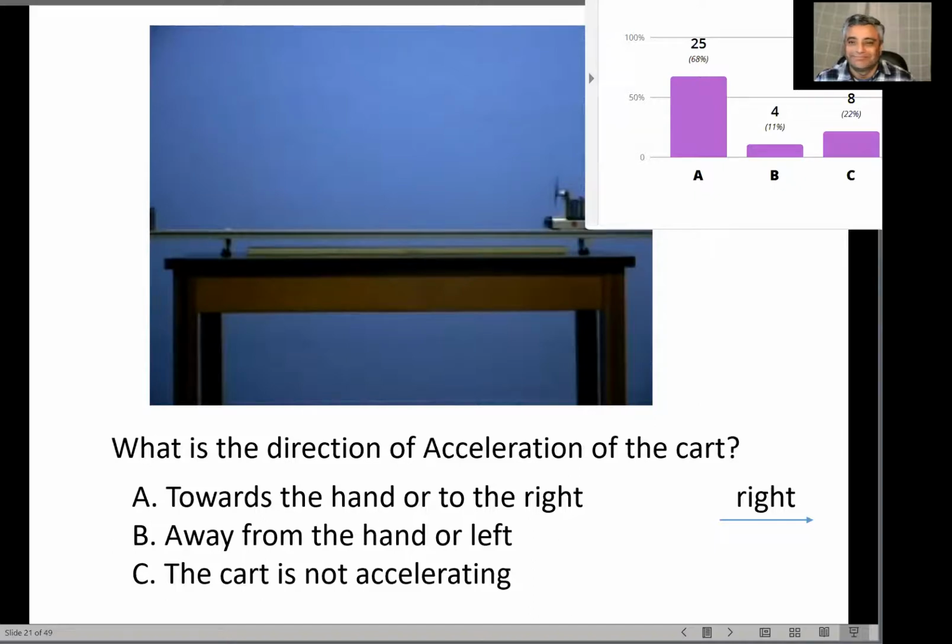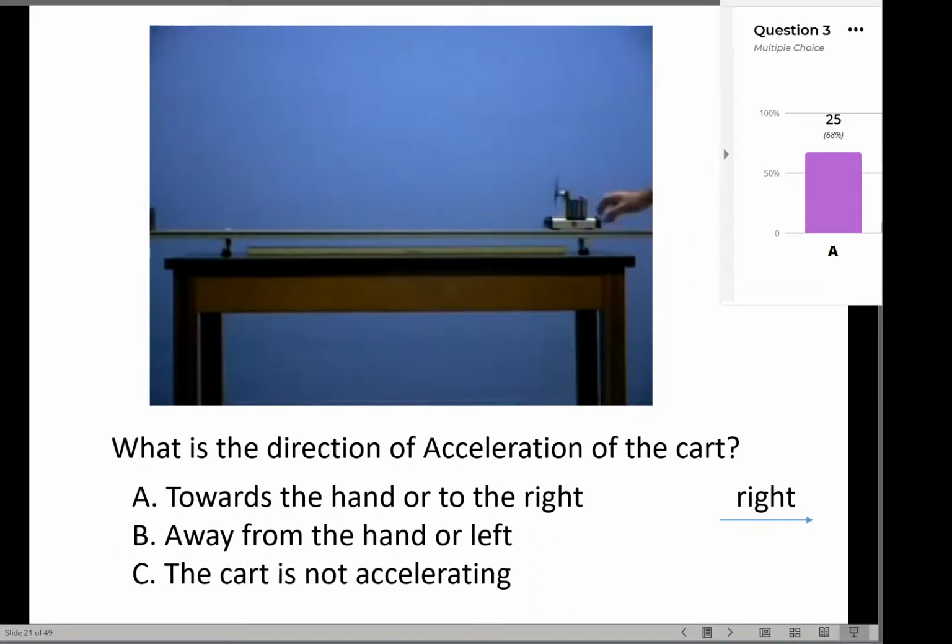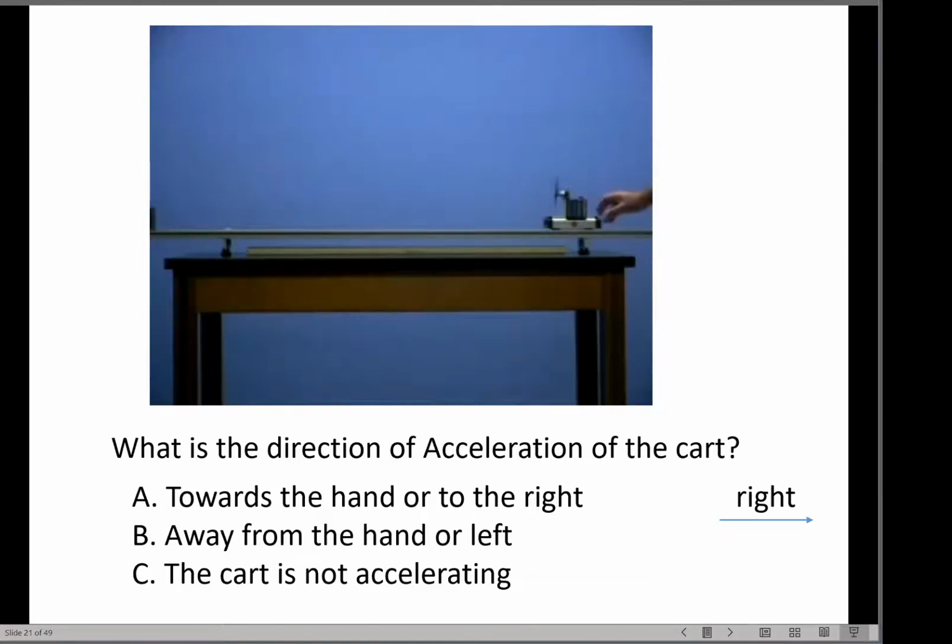It slows down when it goes towards the left, which means that acceleration is in the opposite direction. Right. And once it turns around, what happens? The velocity increases. That means acceleration is in the same direction. Yeah, good point, Nicole. So how is that different from, let's say, a ball thrown up?